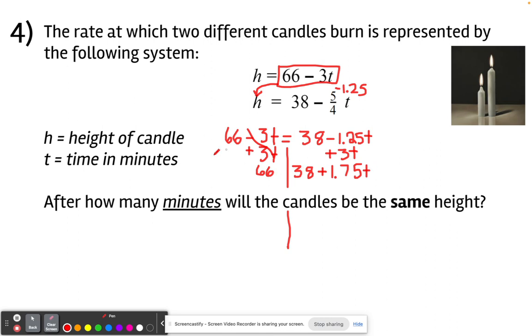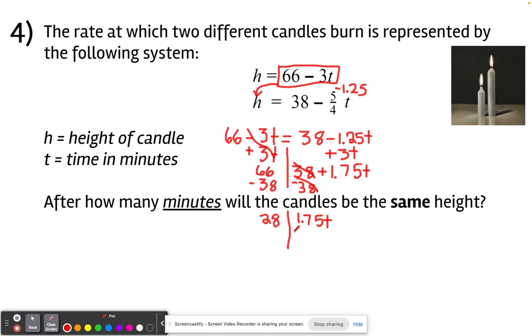Now let's move this 38 over to the other side by subtracting 38 from both sides. It will be gone from this side, leaving me with 1.75t. And 66 minus 38 is 28.